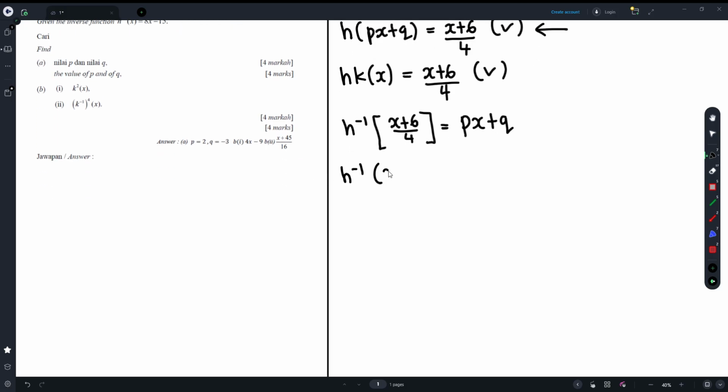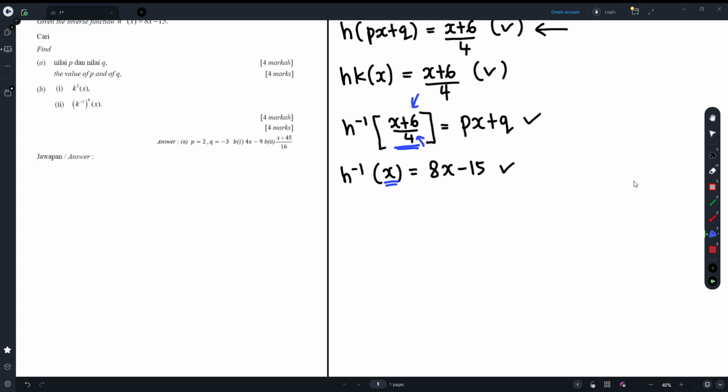h inverse of x is equivalent to 8x minus 15. So we have two equations for h inverse, the first one and then the second one. So we can do direct comparison. But before we do direct comparison, we need to make sure that the item inside here and inside here are the same. Unfortunately here it is not the same because we have plus 6 and divide by 4.